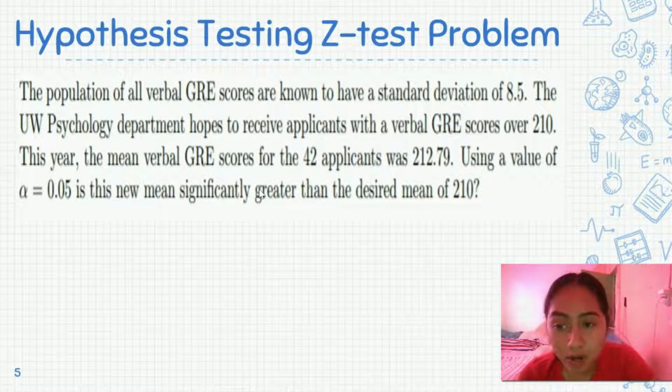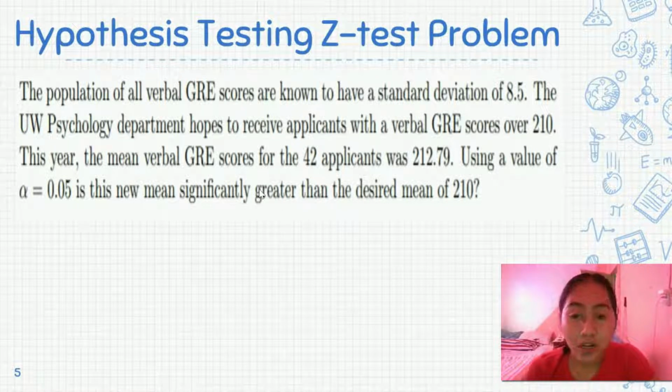And then this year, the mean verbal GRE score for the 42 applicants was 212.79. So using the value of alpha, which is 0.05, is this new mean significantly greater than the desired mean of 210? So now we are going to solve it.